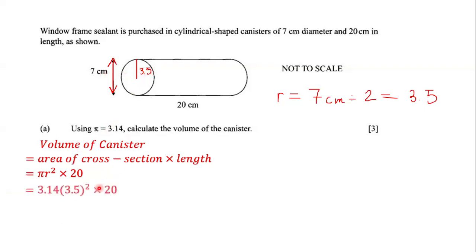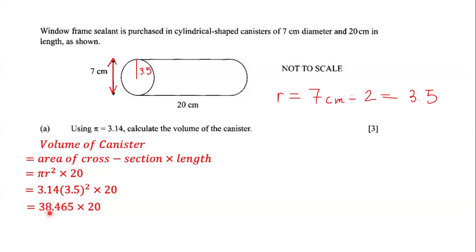And so we have pi, which is 3.14, and the radius, which is 3.5, and we multiply it by 20. When we do 3.5 squared, we get 12.25, and when we multiply 12.25 by 3.14, we get 38.465.